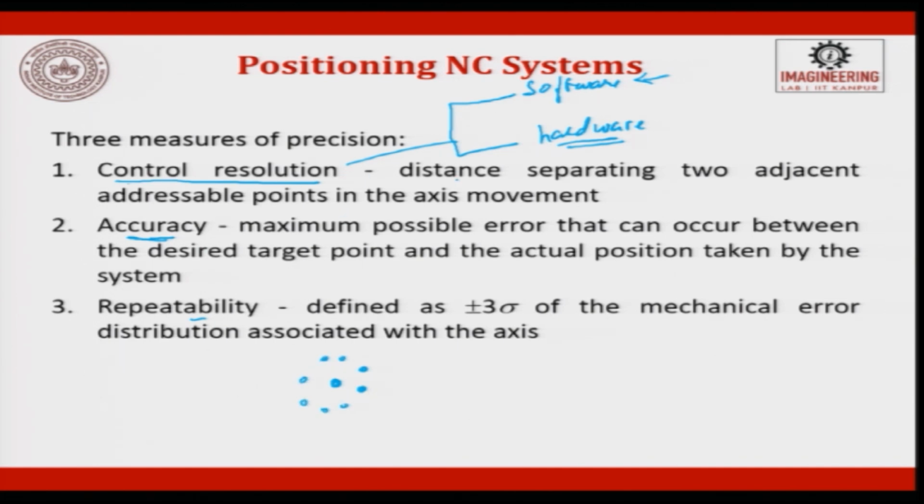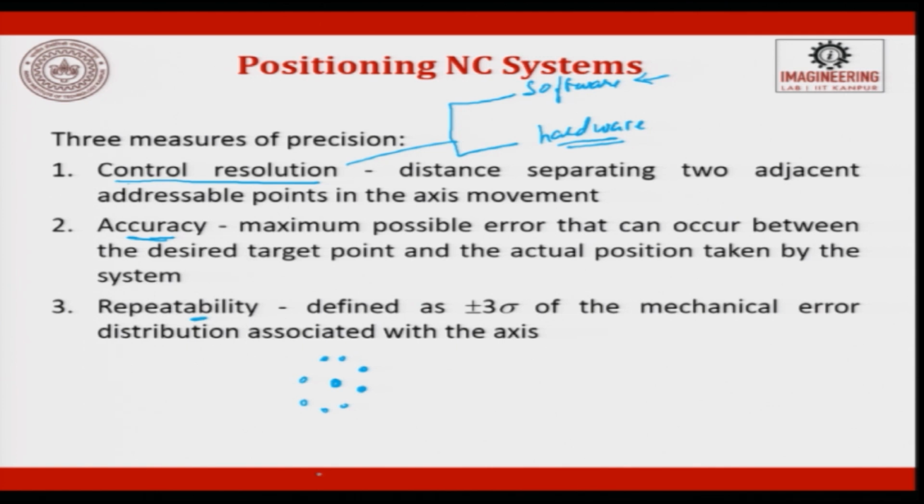Resolution is the minimum distance. For example, in a screen, the resolution is the pixel, in a monitor. Okay. Accuracy is the maximum possible error. The repeatability is defined as plus or minus 3 sigma of a mechanical error distribution associated with the axis. That is repeatable. When I repeat the same operation, am I able to go towards the target?